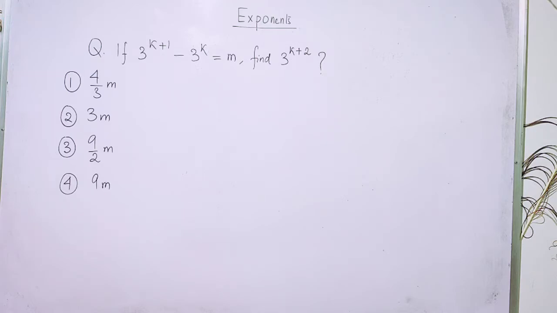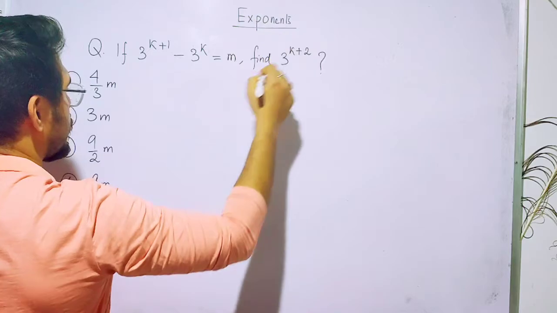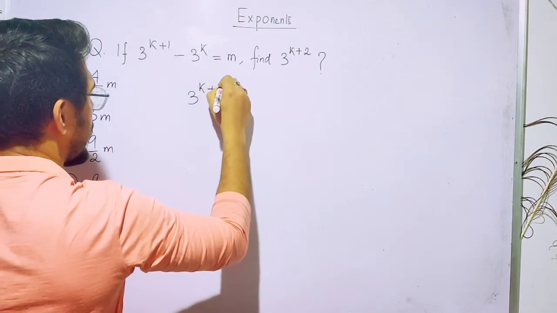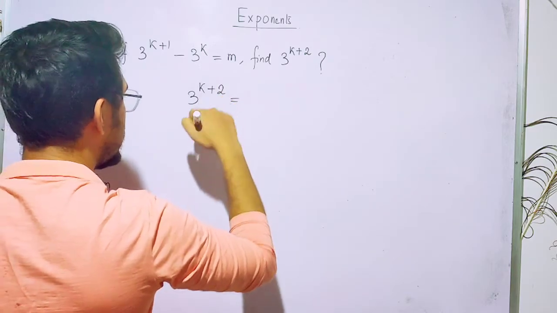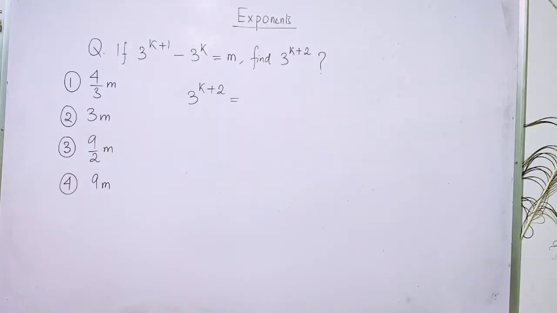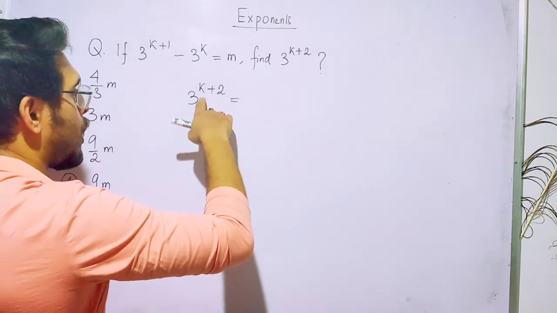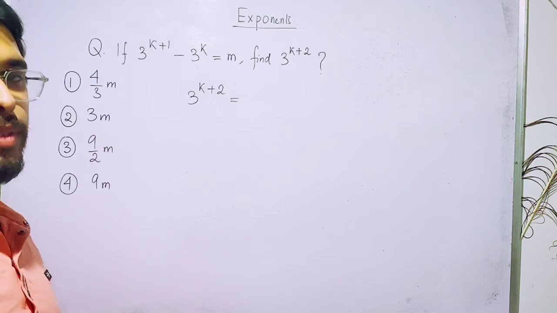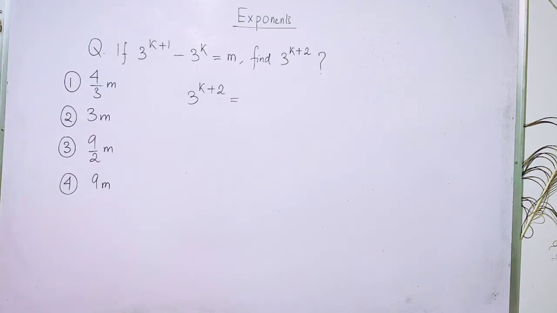If 3 to the power of k plus 1 minus 3 to the power of k equals m, find 3 to the power of k plus 2. Okay. Now in order to answer this one, let us first understand what is meant by 3 to the power of k plus 2. See, 3 to the power of k plus 2, we can call it as a to the power of m plus n, right? Now the first rule of the exponent was a to the power of m multiplied by a to the power of n equals to a to the power of m plus n.